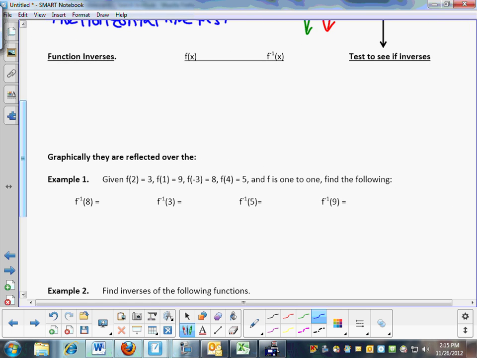If functions are one-to-one, it's easy to find their inverses. What are function inverses? Function inverses are this. F inverse of x is an inverse of f of x.